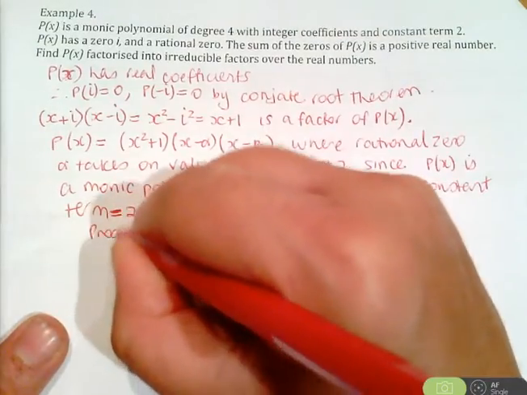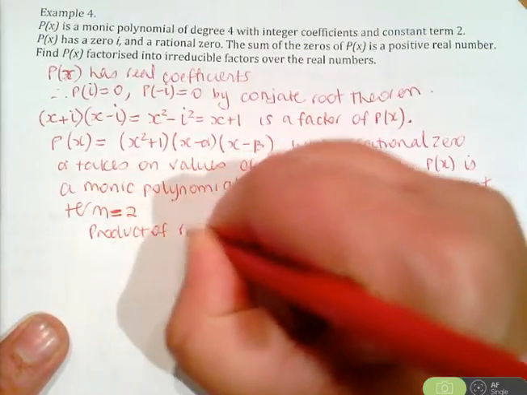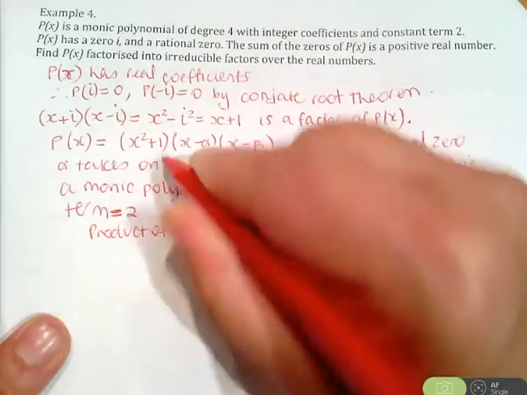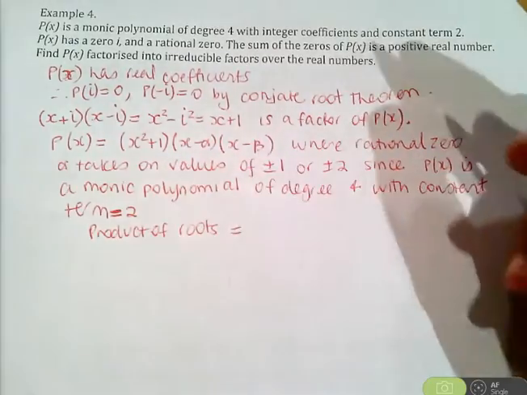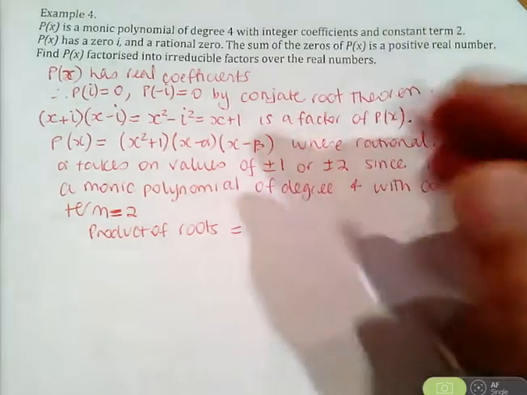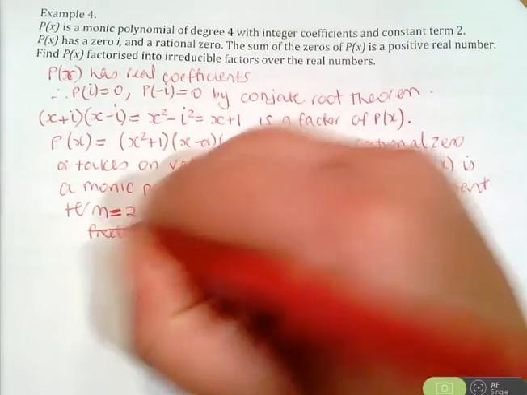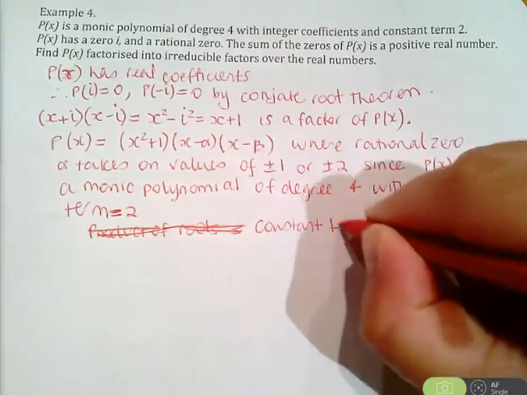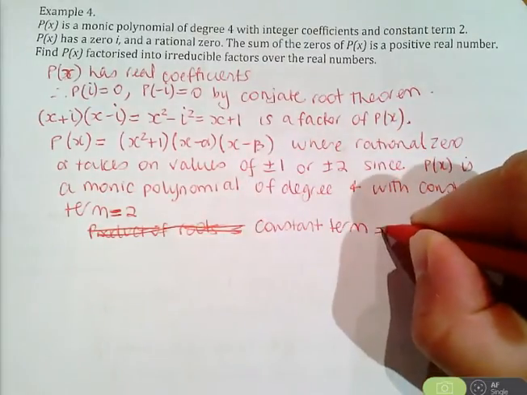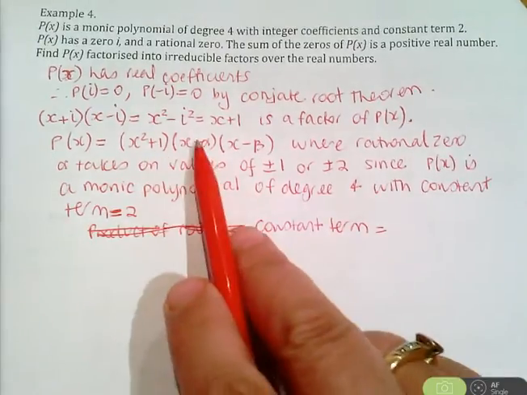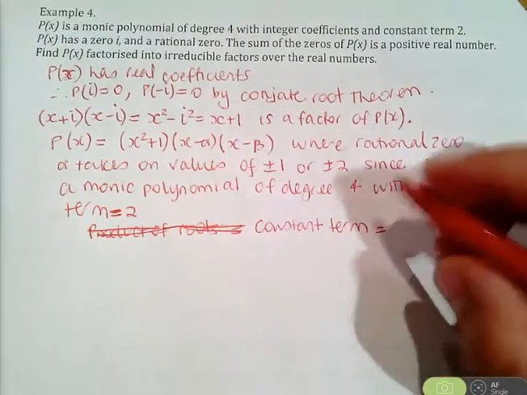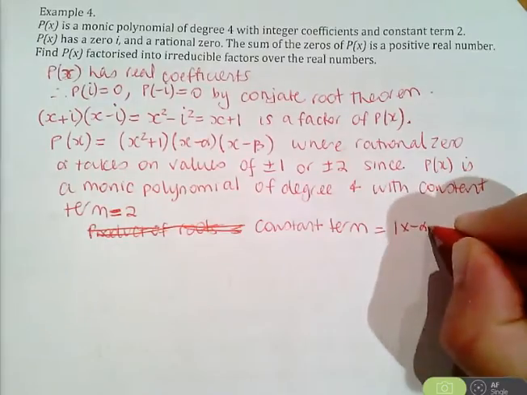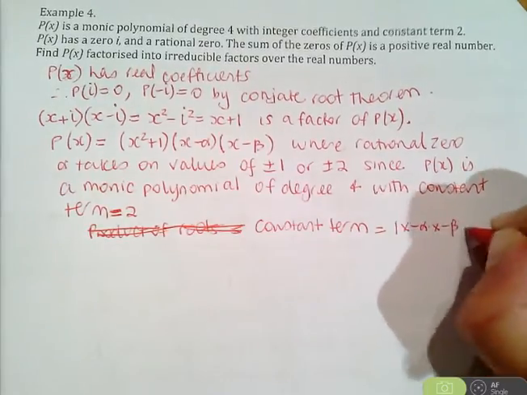So let's look at the product of the roots. If we just look at the constant term, I'm just going to put that our constant term we know is 2. So our constant term will be 1 times minus alpha times minus beta, which equals 2.